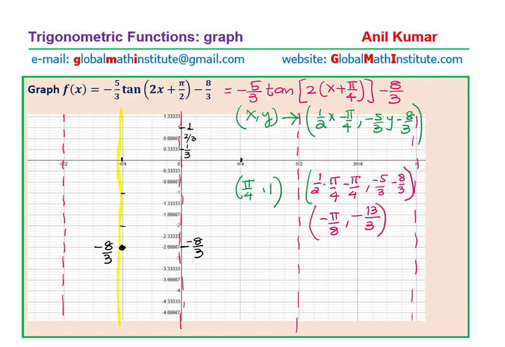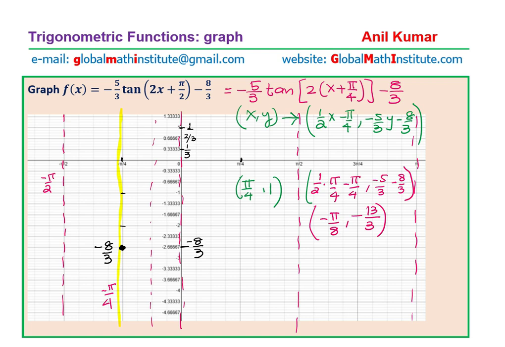You see this point, right? So the graph is clearly at minus, which is right there in between. This is pi by 4 for us, right? This is minus pi by 2, right? This is minus pi by 4. So pi by 8 is right there in the center, correct? And we have to go down minus 13.